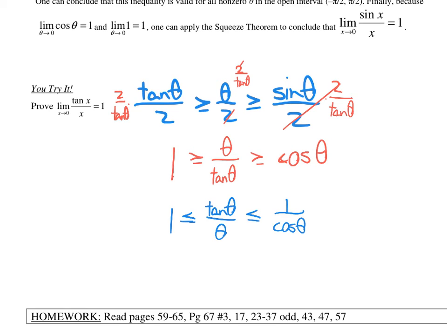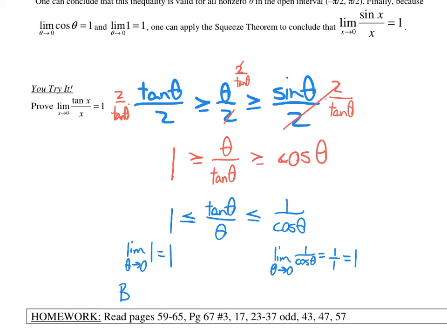So what's the limit as theta approaches 0 of 1? 1. What's the limit as theta approaches 0 of 1 over cosine theta? What's cosine of 0? 1. So we have 1 over 1, which is 1.